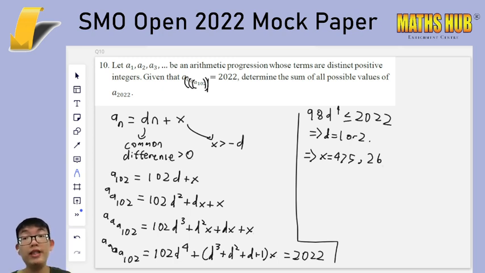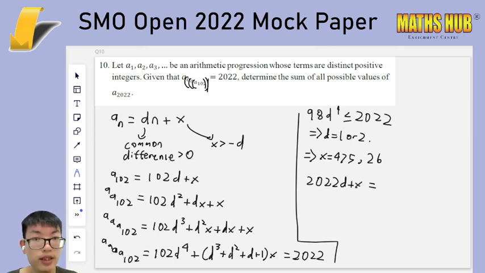So your two possibilities for A2022, A2022 is 2022d plus x. It's either going to be 2022 plus 475, which is 2497, or 4044 plus 26, which is 4070. So the sum of these two would be 6567.